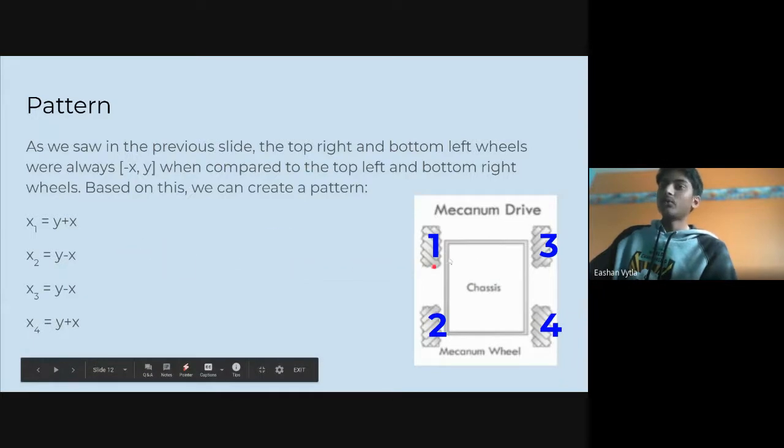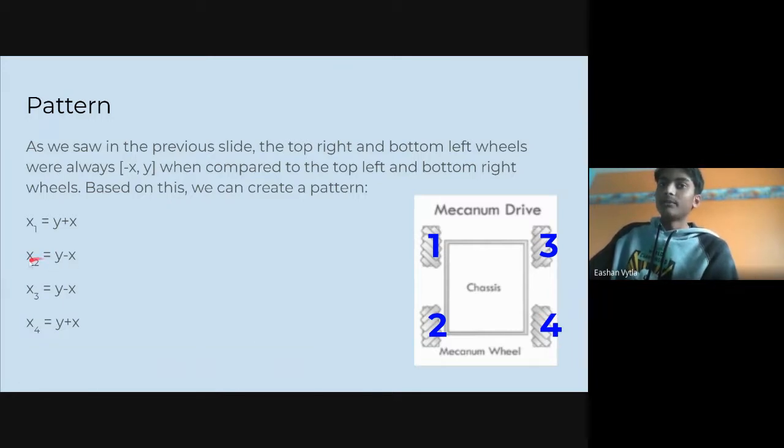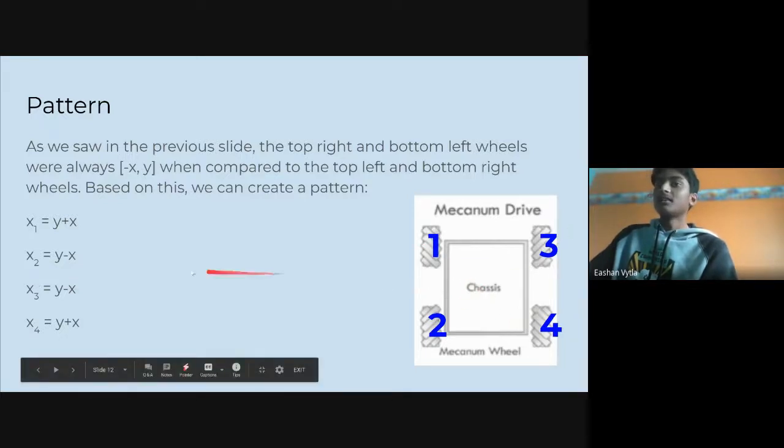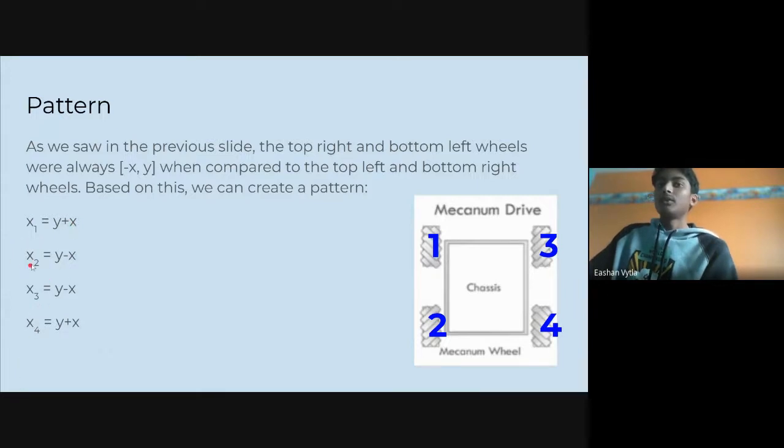However, like I said, wheel 2 and 3 have a negative x. Wheel 1 and 4 have a positive x. So for wheel 1 and 4, I'm going to add a plus x. And then for wheel 2 and 3, I'm going to add a minus x.